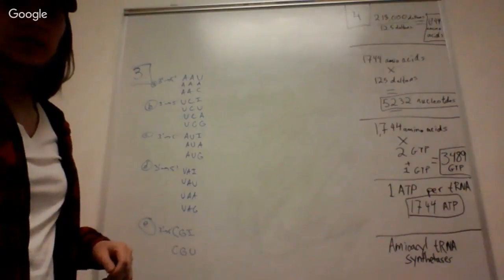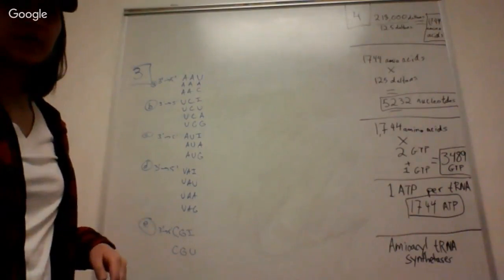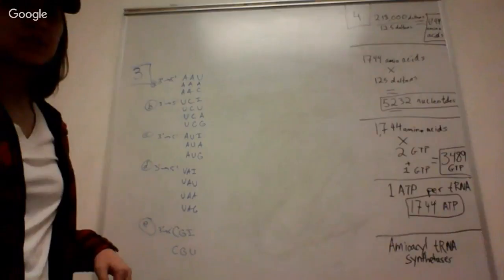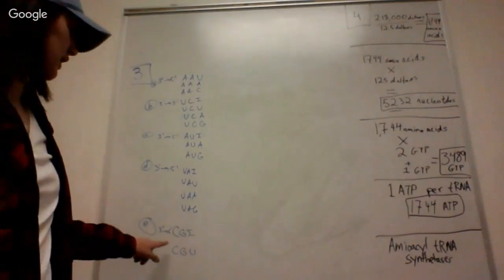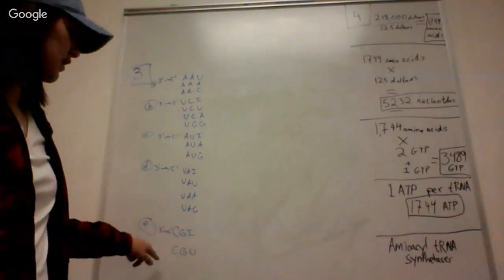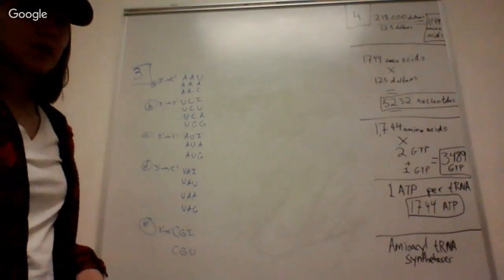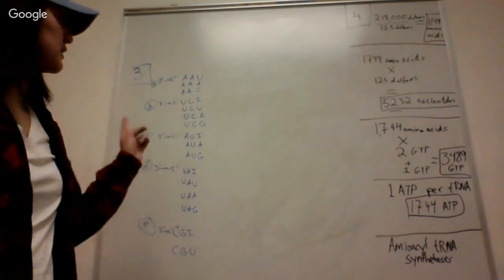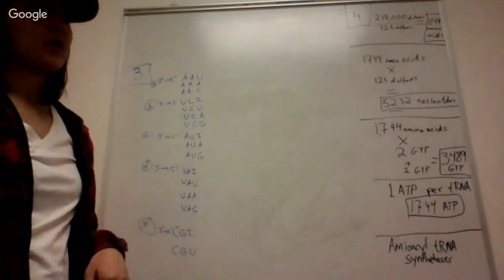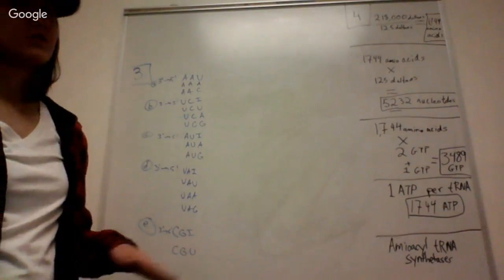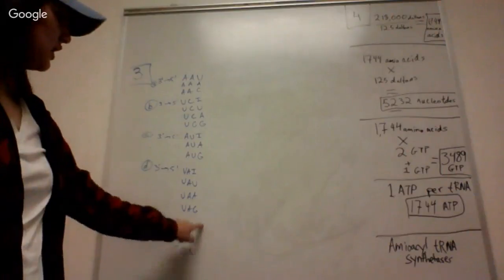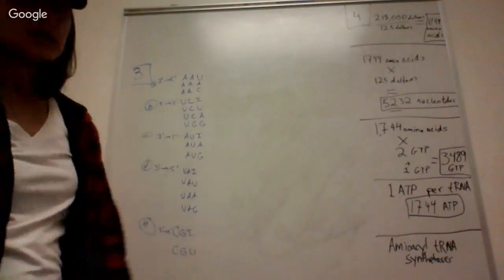And then the mRNA given in part E was GCA, and so you're going to get the tRNA anticodons of CGI and CGU. And if you just look at the wobble base table on the PowerPoint, then you'll be able to determine the changes in the third base for all of these.